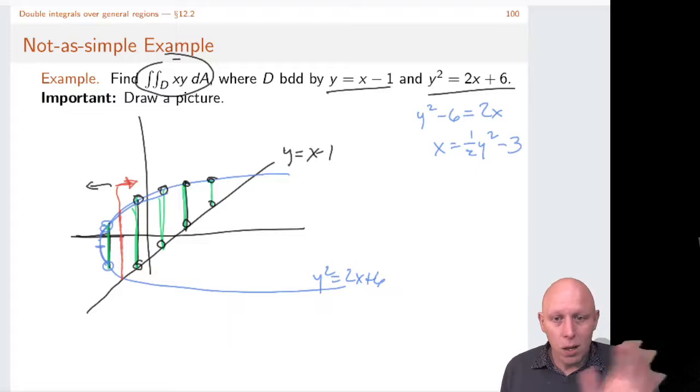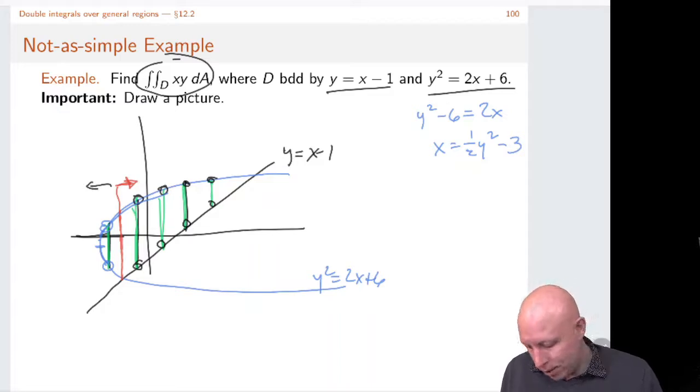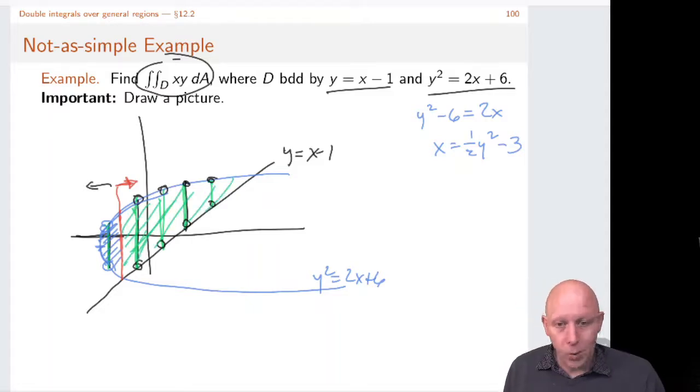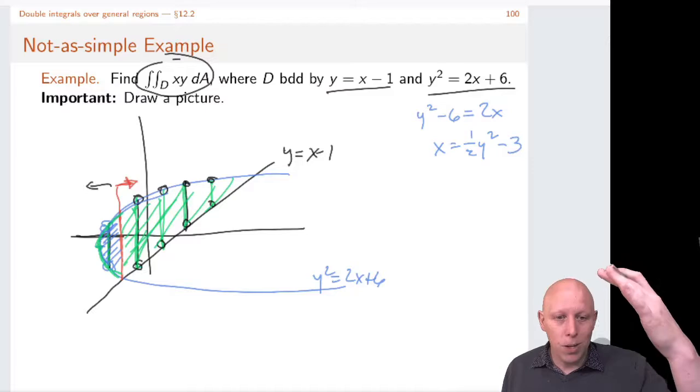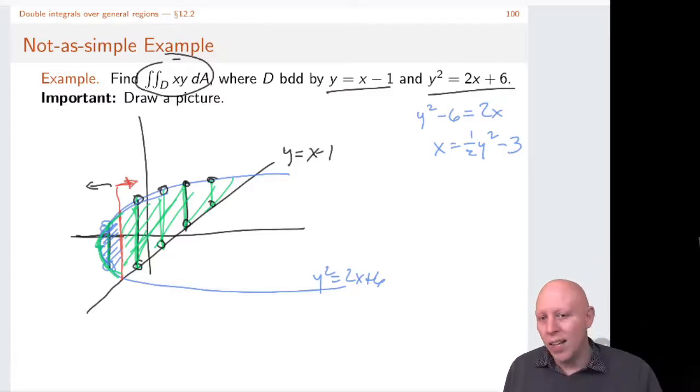That doesn't mean it's impossible to do this integral in terms of vertical slices. If we wanted to, we could do two different integrals. We could do the integral on the left side and the integral on the right side. On the left, we could set up an integral where we have the upper half of the parabola and the lower half of the parabola as our bounds on y.